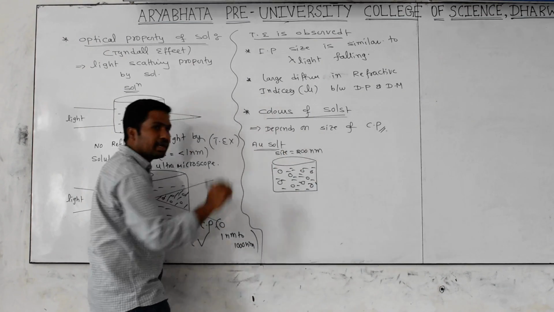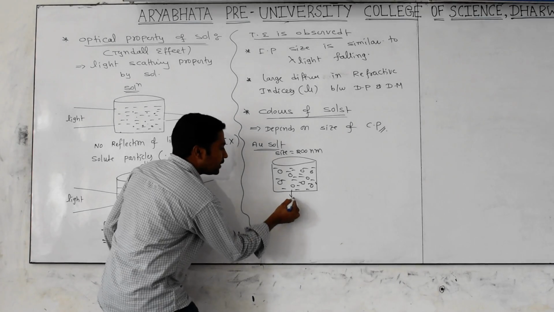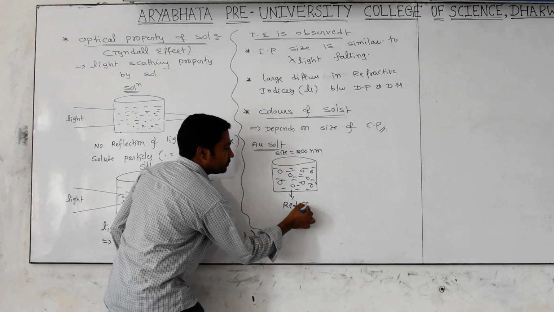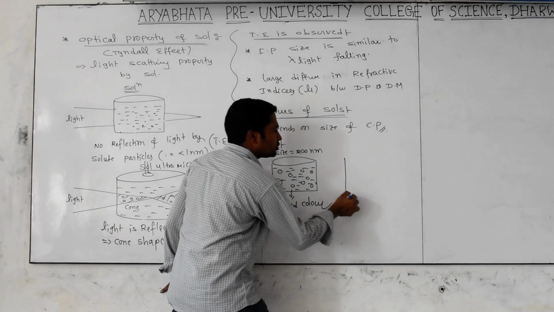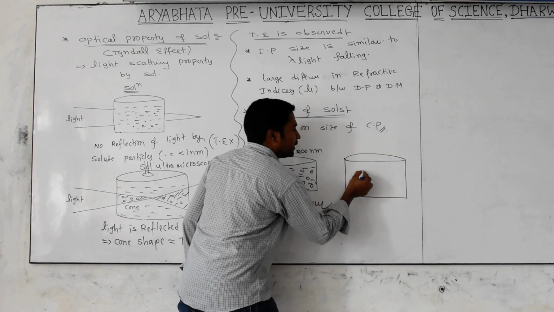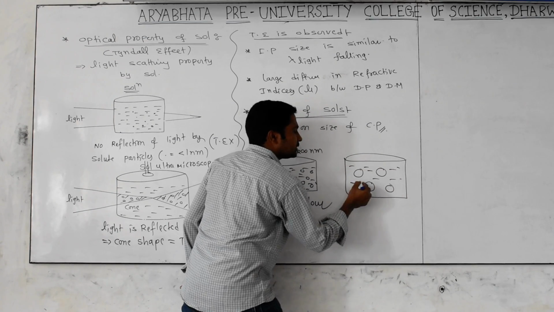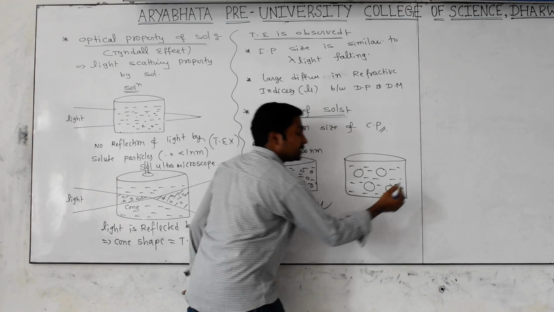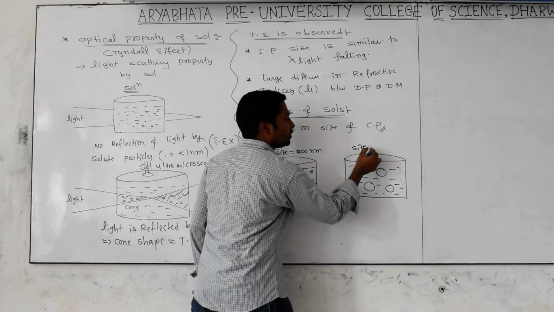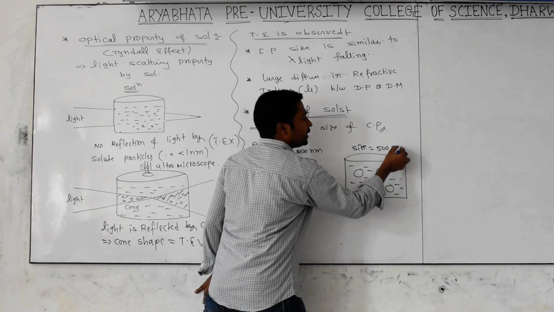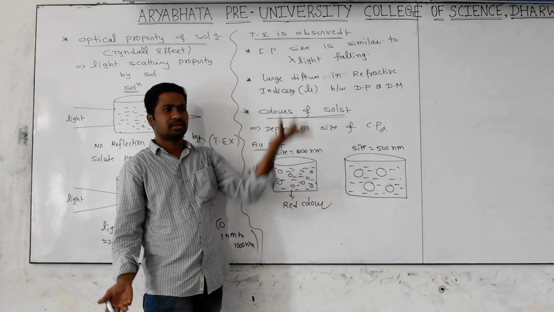If you take gold sol with 200 nanometer size, it appears in red color. Now this is also gold sol only, but the size of the gold sol is increasing. Here I took 200, but here I am taking a size of 500 nanometers. Anyway, 200 and 500 are within the range of colloidal particles or no? 1 to 1000, yes, colloidal particles.